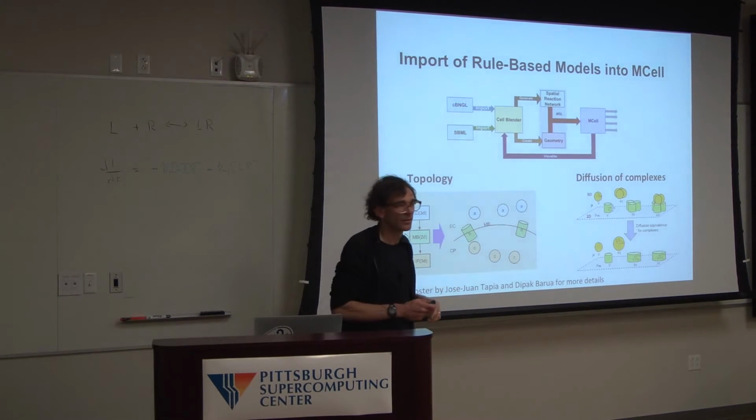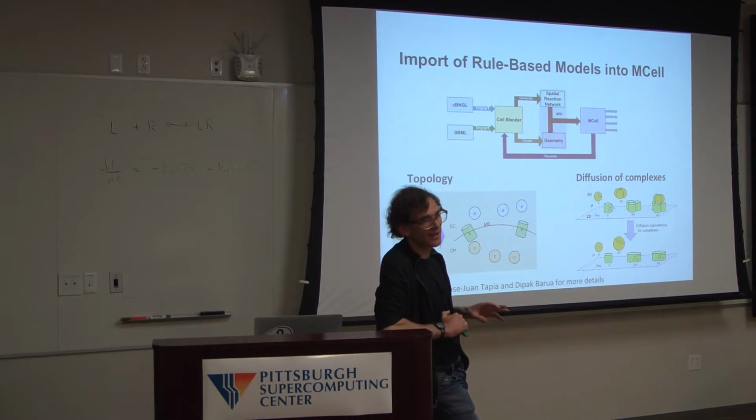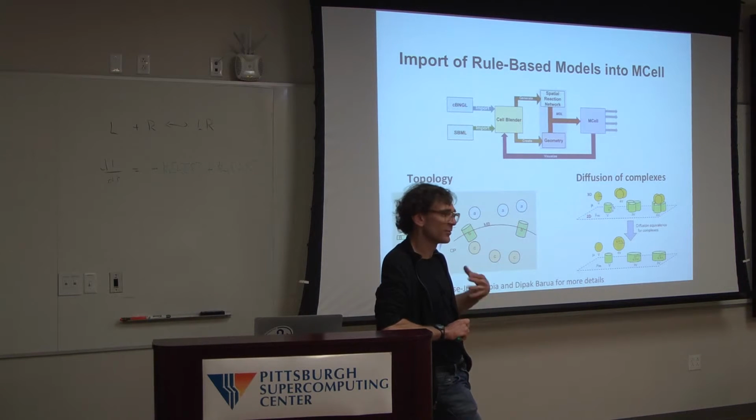CBNGL, does that have orientation like MCell does? It does not, but the translated model does handle that, making certain assumptions. There are a few things that are tricky to do. There are a few kinds of transport that can be done in CBNGL, but you have to do it in a slightly different way than you would typically do in MCell.